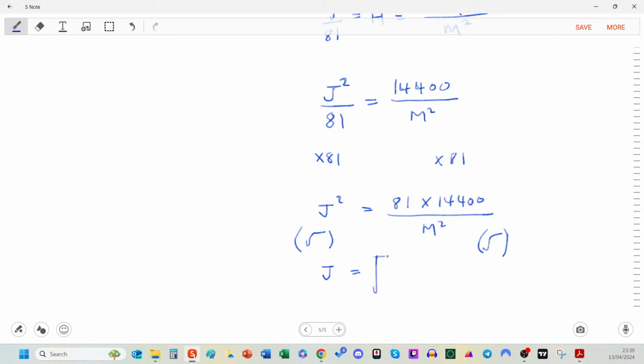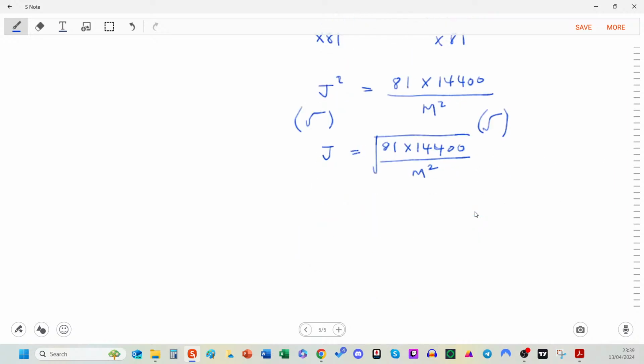And then that becomes something rather large: 81 times 14,400 over m squared. And we're going to just put that in a calculator. There's a way to work through this, but we'll put that in a calculator, so we don't need to worry too much about that.